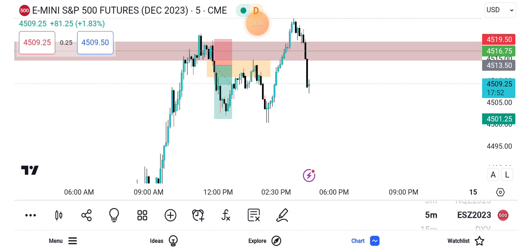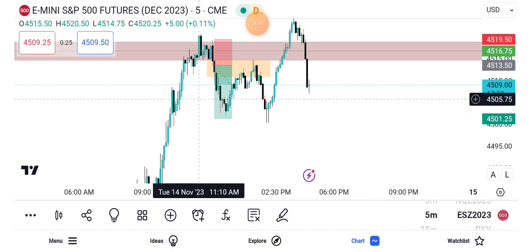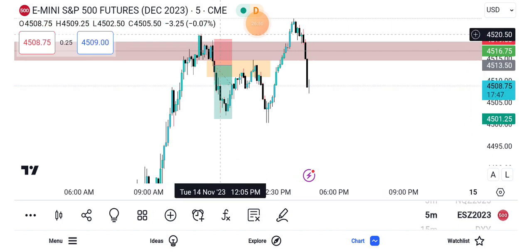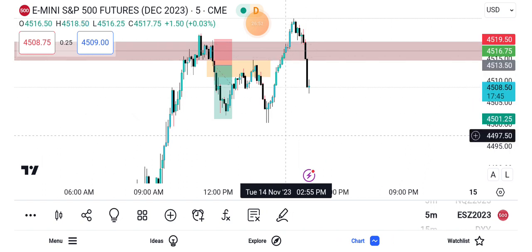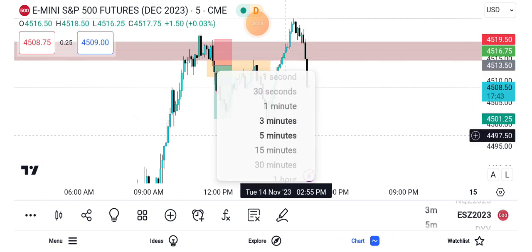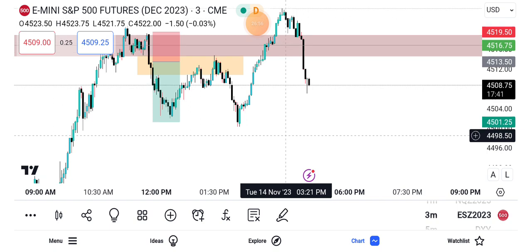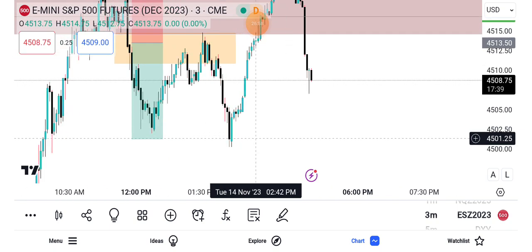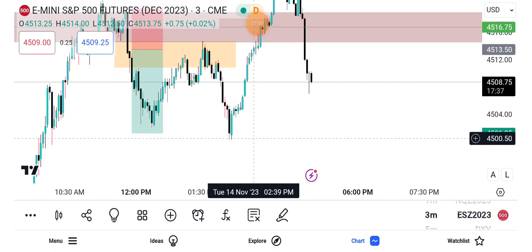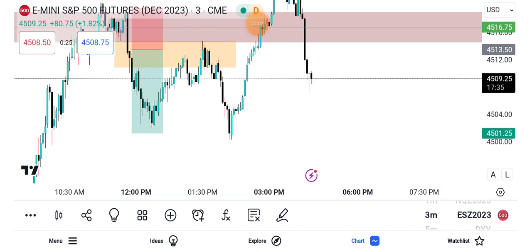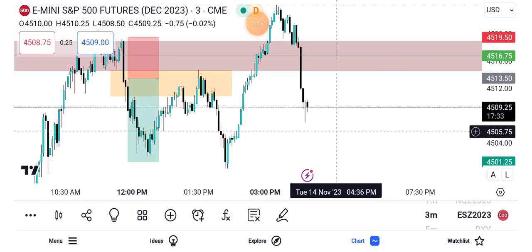So liquidities around here were taken up, been engaged now, and the market can retrace lower. Reading the price action over here, if we were to be in this buy, how would we have read price?